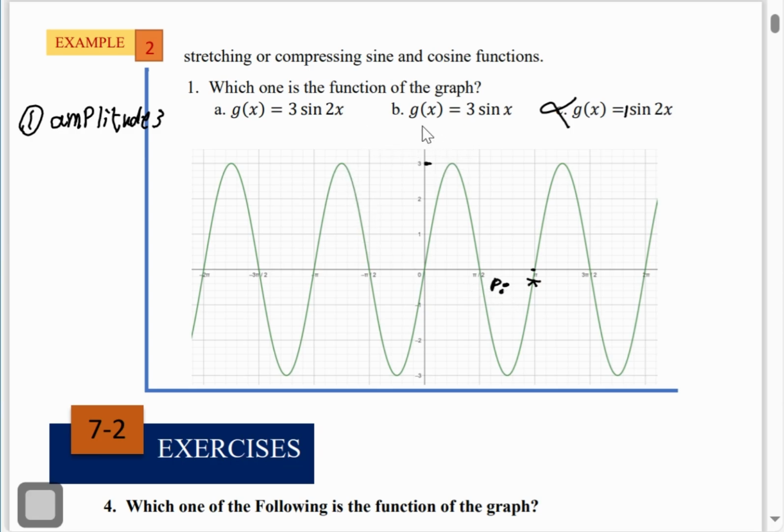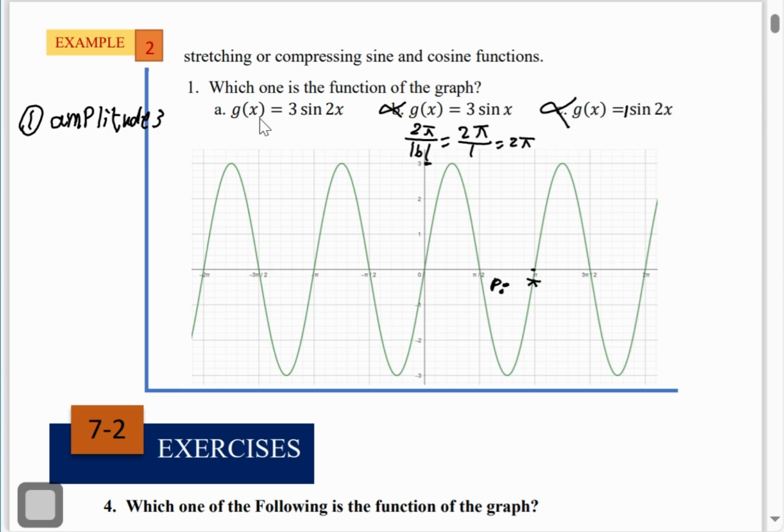The rule of period is 2 pi over the absolute value of b. So we have 2 pi, and b here is 1. So the period of this function, 3 sine x, is 2 pi. So it is not the true function. Why? Because this period is pi and that one is 2 pi, so it is not true.